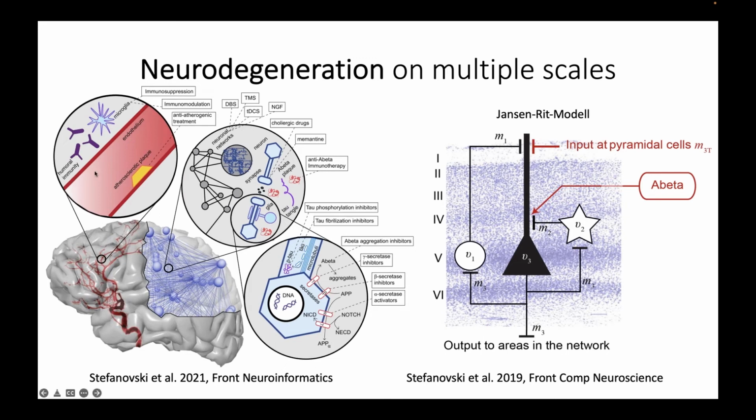And the other important thing is, of course, the immunity, so the role of the innate and humoral immune system, and the role of the microglia, which is an important driver of neurodegeneration, at least in the end phase.